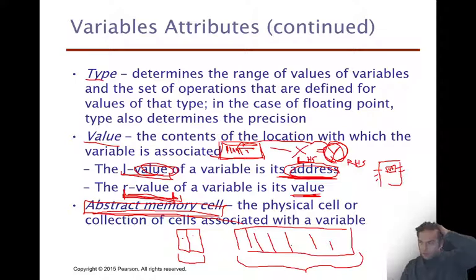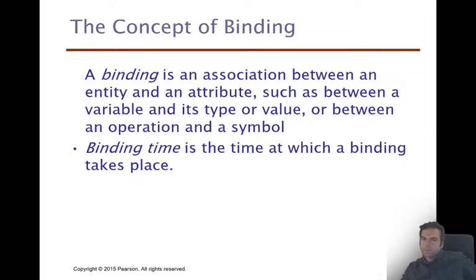Again, we don't really care about the nitty-gritty of how it's laid out, big endian or little endian, because for the purpose of discussion in this class, we don't want to be married to specific hardware. So at the abstraction level of this course, it's an abstract memory cell, big enough to hold whatever we want to put in it.